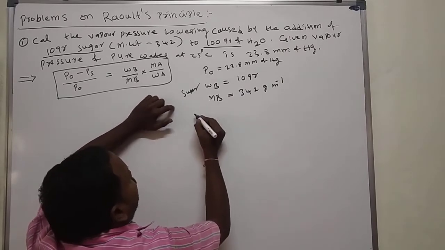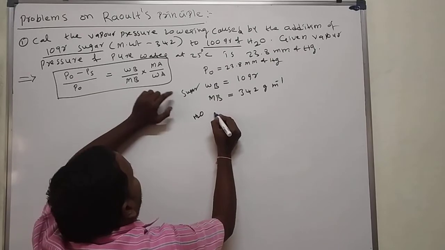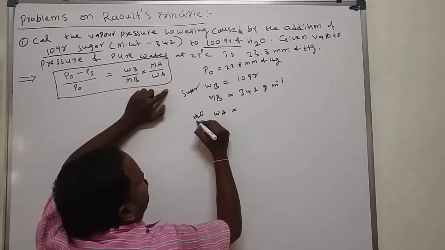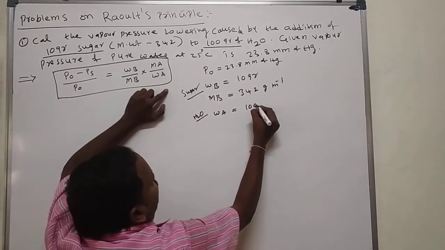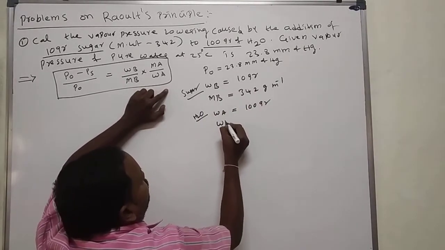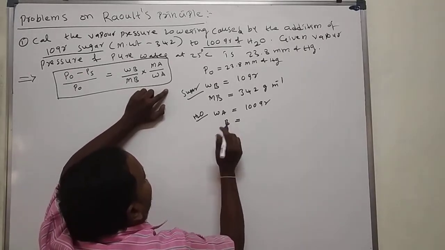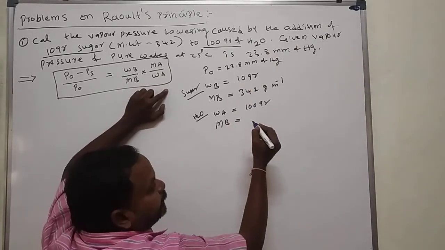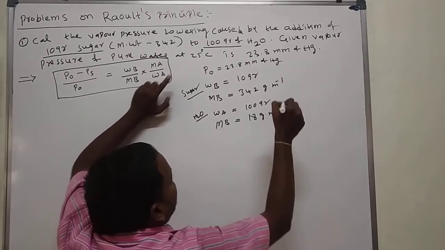Next, water. What is the weight of water? 100 grams of water. WA is equal to 100 grams. MA, the molecular weight of water, is 18 grams per mole. This is the data.